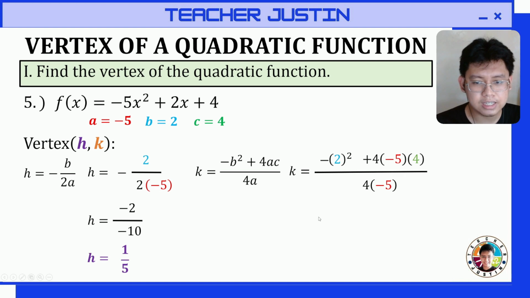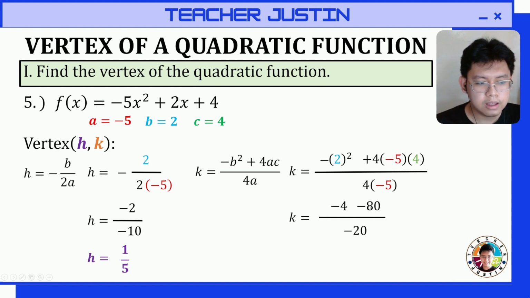So, unahin natin si negative square of 2. So, the square of 2 is 4 times negative will be negative 4. Tapos, multiply natin si 4, negative 5, and 4. So, 4 times negative 5 times 4, that will be negative 80. Then, yung denominator, simplify natin. 4 times negative 5 will be negative 20. Now, let's combine our numerator.